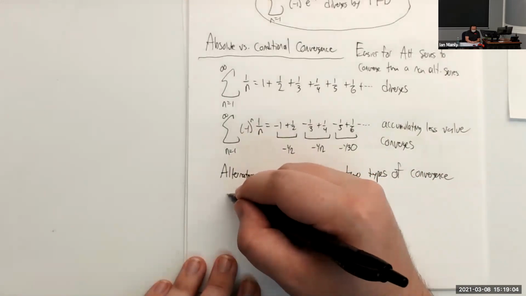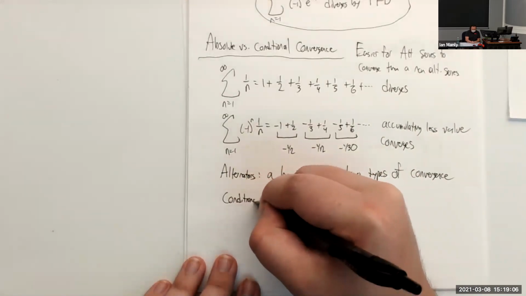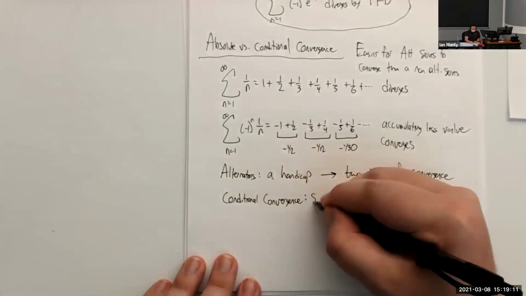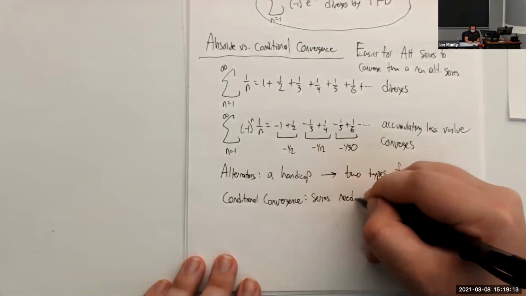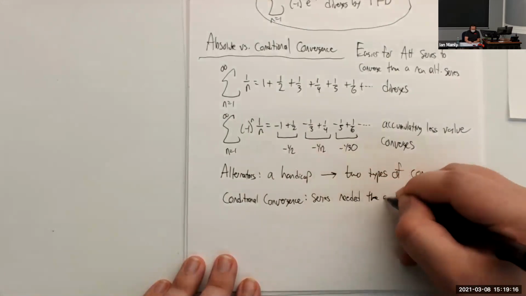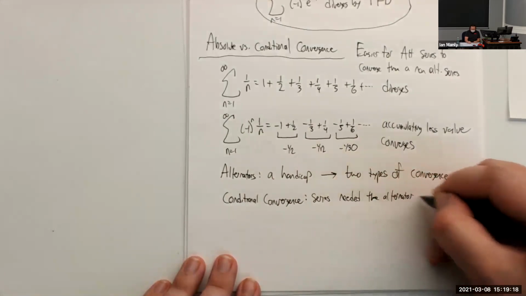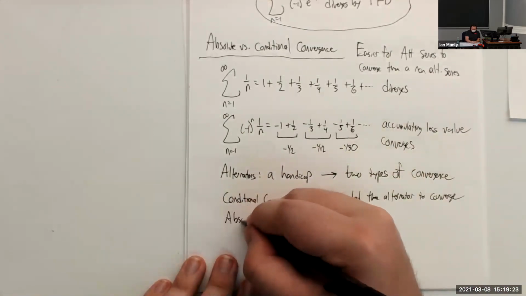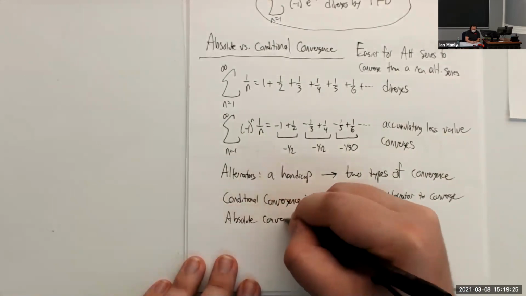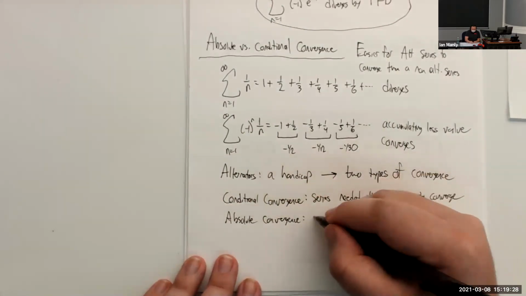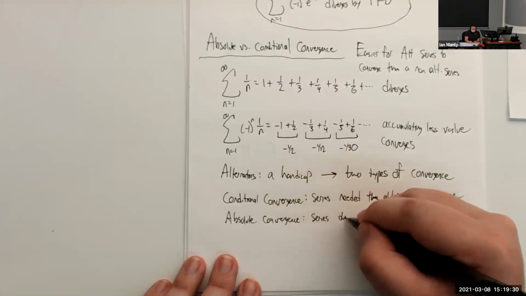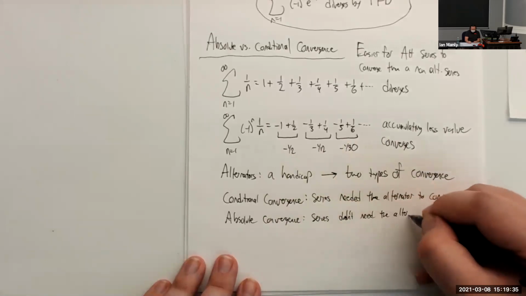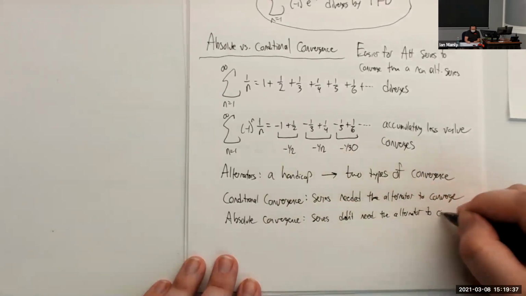We're going to have conditional convergence, meaning that the series needed the alternator to converge. And then there's absolute convergence, meaning this series didn't need the alternator to converge.